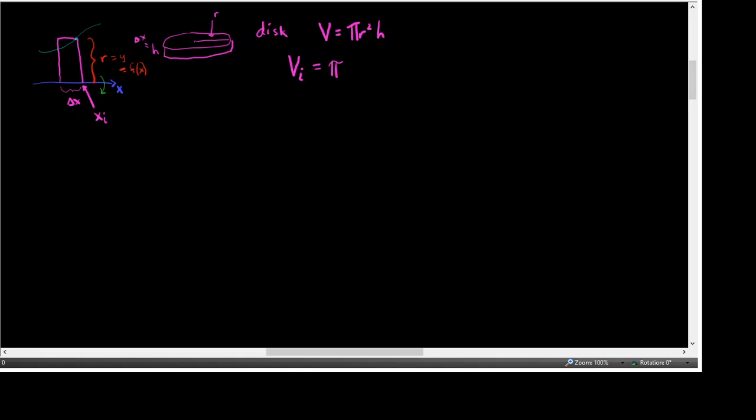We're revolving about the x-axis. And so that radius is f of x sub i, because we're getting the y value for that specific x, which takes us to the top of that rectangle, squared times delta x, the height of the cylinder or disk.